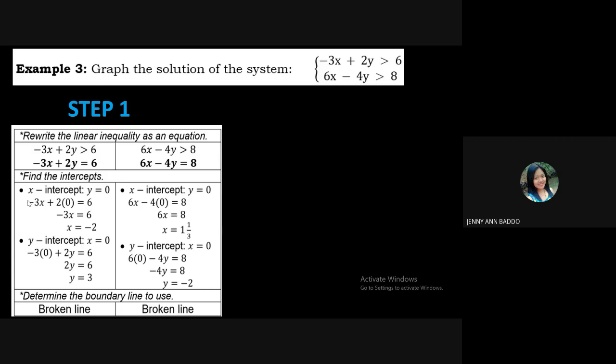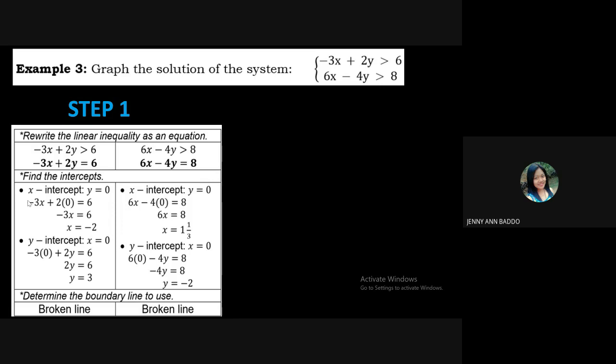Therefore, we have negative 3x equals 6, and dividing both sides by negative 3, we have x equals negative 2. For the y-intercept, we have to let x equals 0. So by substitution, we have negative 3 times 0 plus 2y equals 6. So 2y equals 6, and dividing both sides by 2, we have y equals 3.